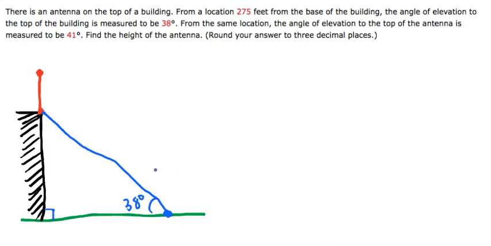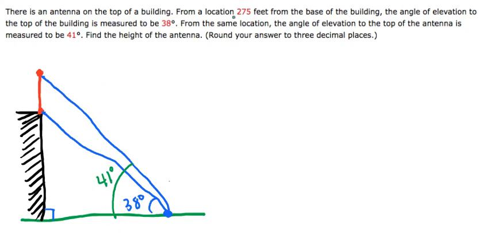Now the angle of elevation to the top of the antenna is 41 degrees, and I barely have room to draw that in. That's that full angle right there. Actually, let's do that in a different color here. So that angle right there is 41 degrees. So we have two separate right triangles going on.